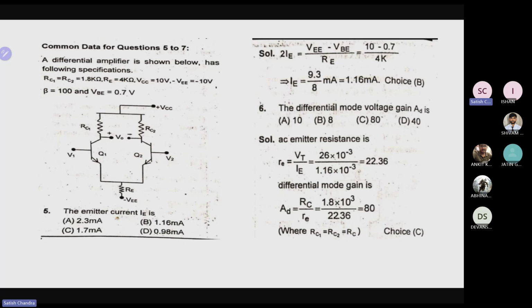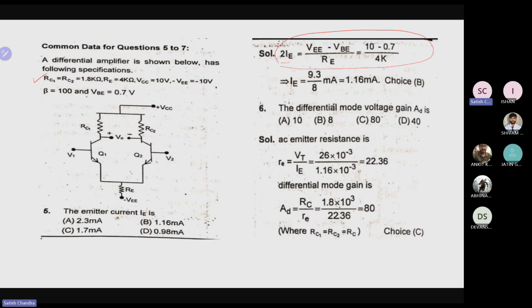Now comes the differential pair. Here several questions have been given, you can look into them. What we need to find out is the value of the differential gain. We already know the formula for that.